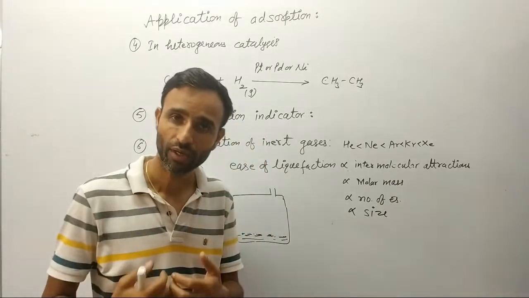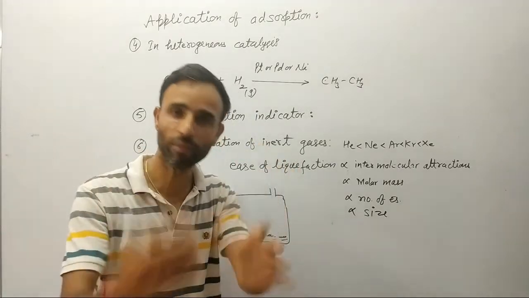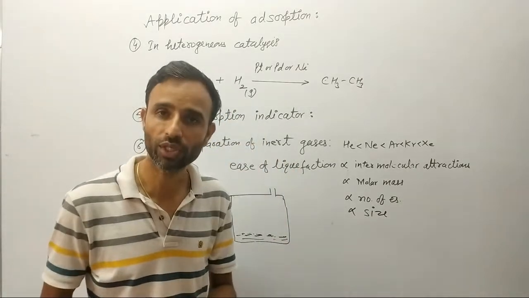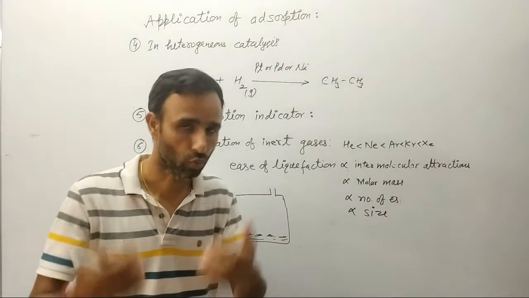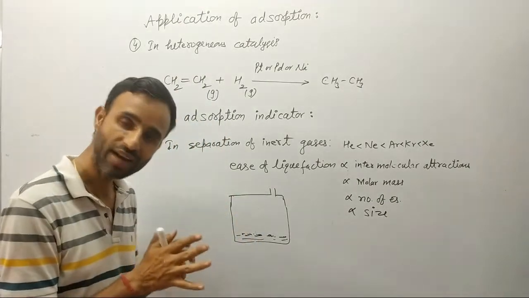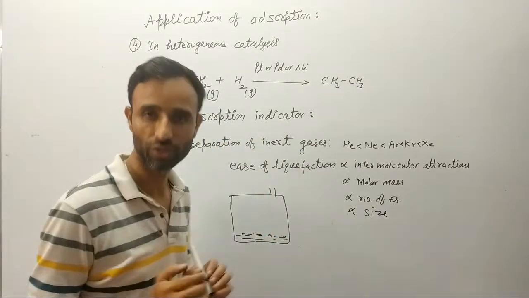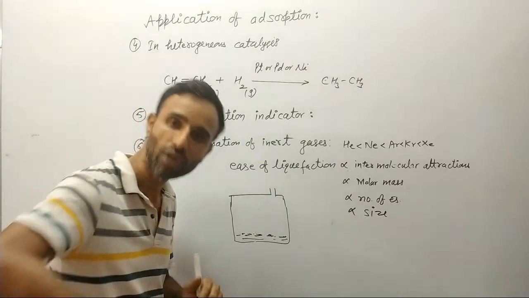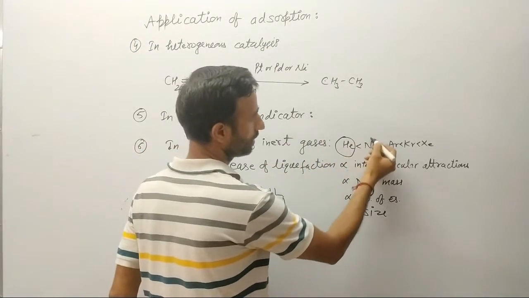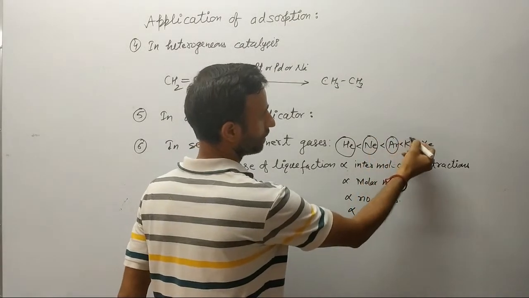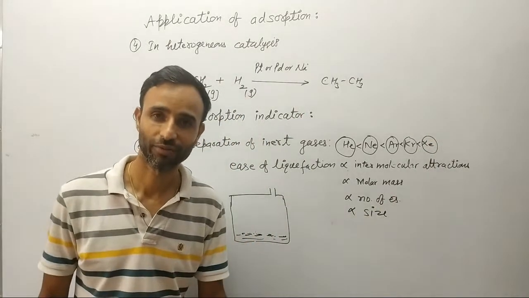So to adsorb the whole mixture, we apply pressure and decrease the temperature. Then slowly we release the pressure and increase the temperature. The first gas which comes out is helium, after that neon, then argon, then krypton, and at the end xenon. That's it.